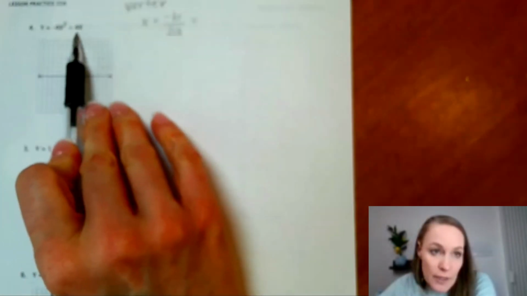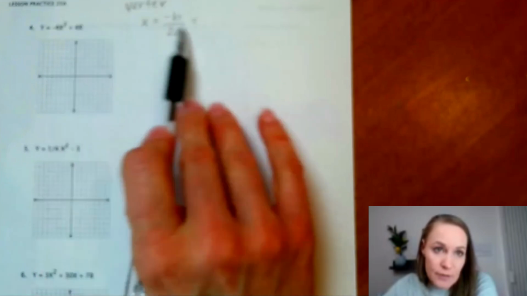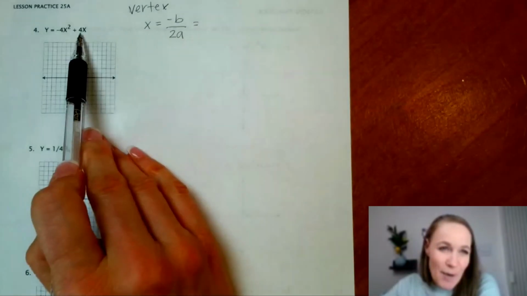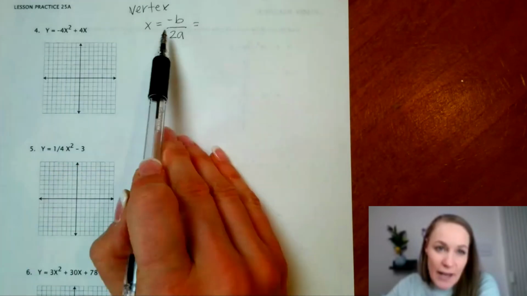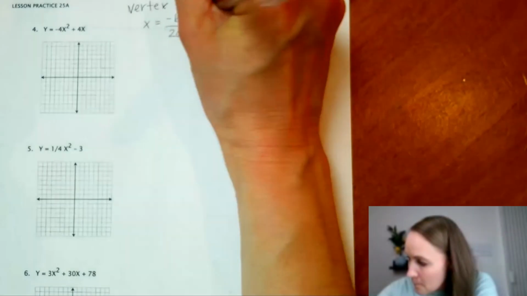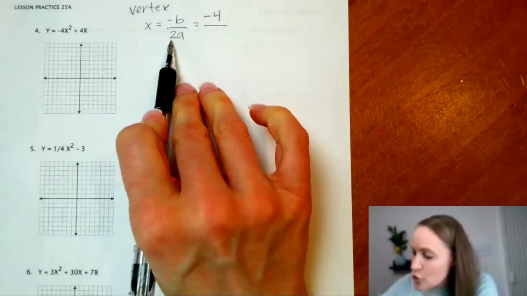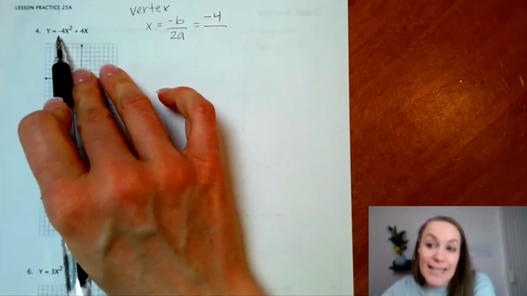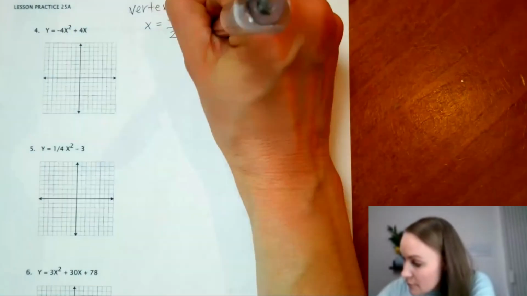So my B value is +4, so I'm going to have -4 up here. And then 2 times -4 is -8.